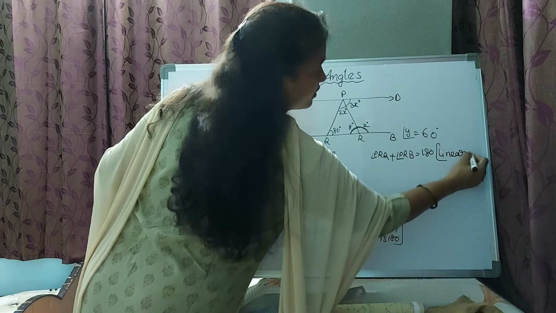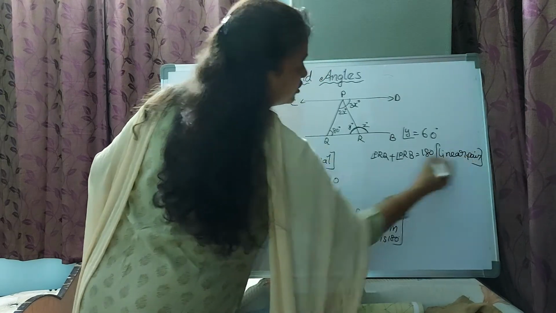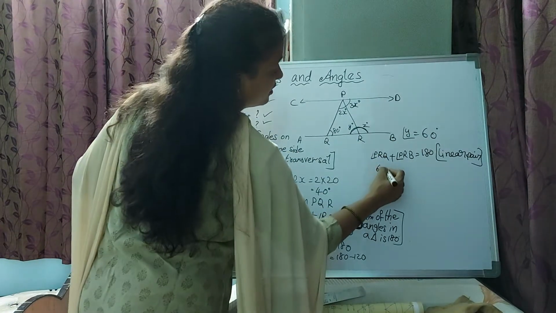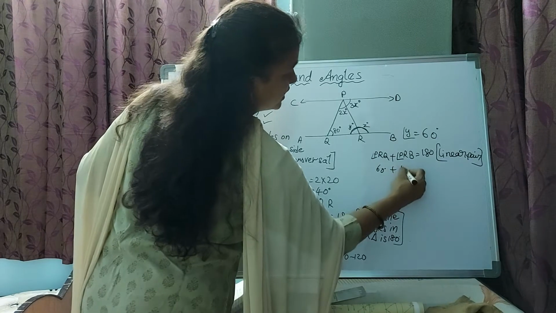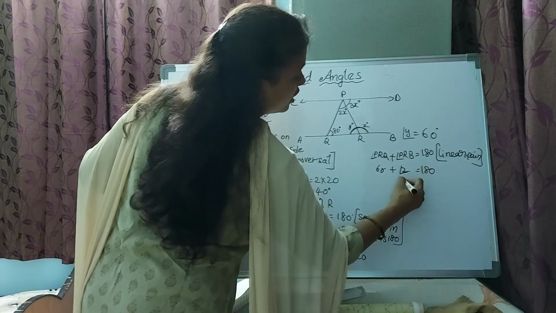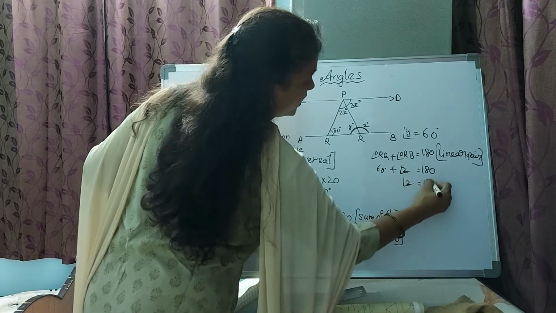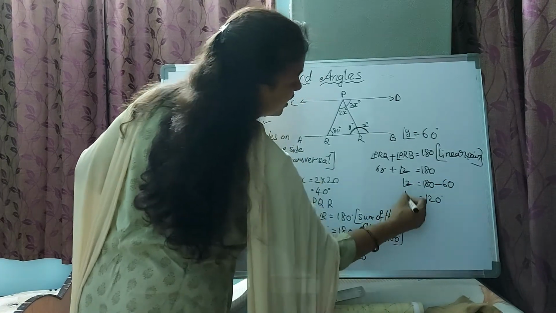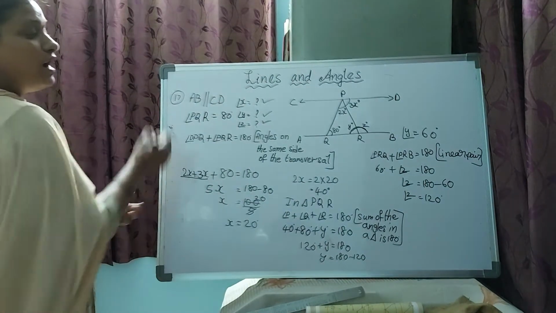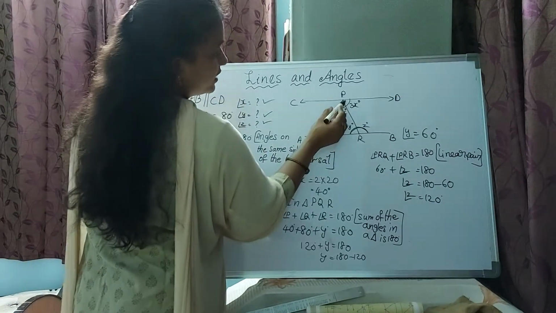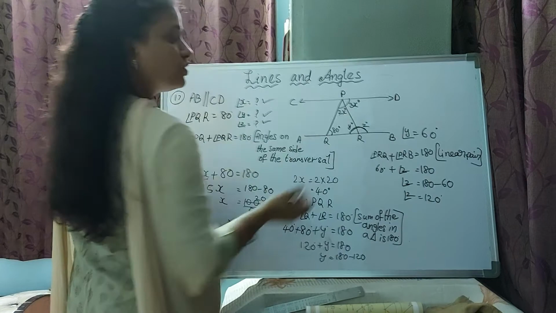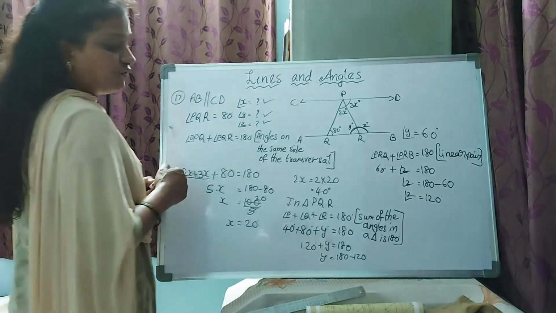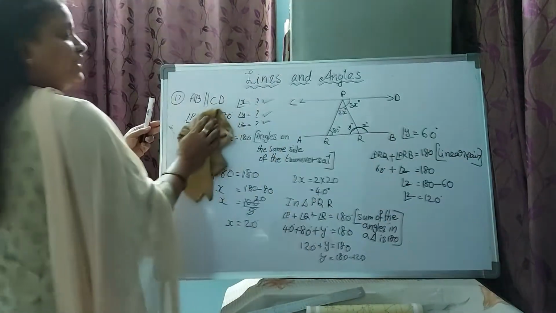So angle Y we know is 60 degrees, plus Z is equal to 180. So angle Z is 180 minus 60, we get 120. In this way we can find it. Otherwise, these two angles form 180, so in different ways we can find it. X completed, Y completed, and Z also completed.